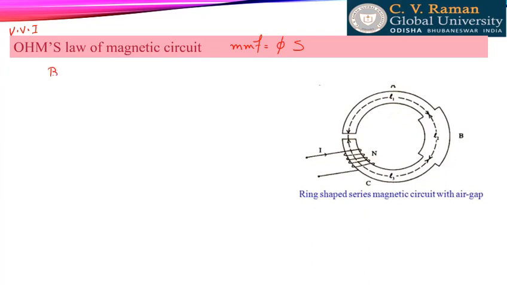So first let us write B is equal to phi by A. Magnetizing force or intensity, H is equal to B by mu, because B is equal to mu H, we have already written.